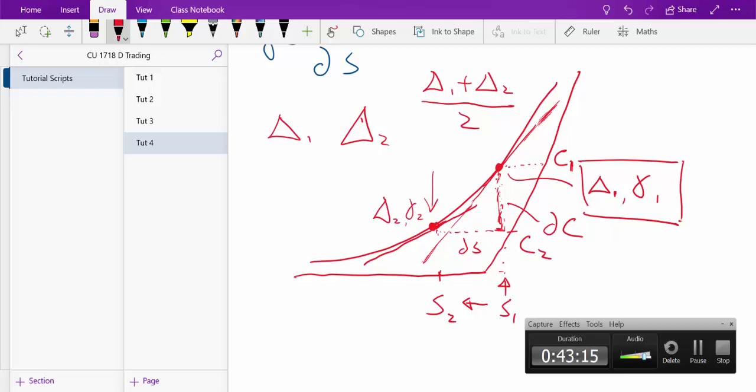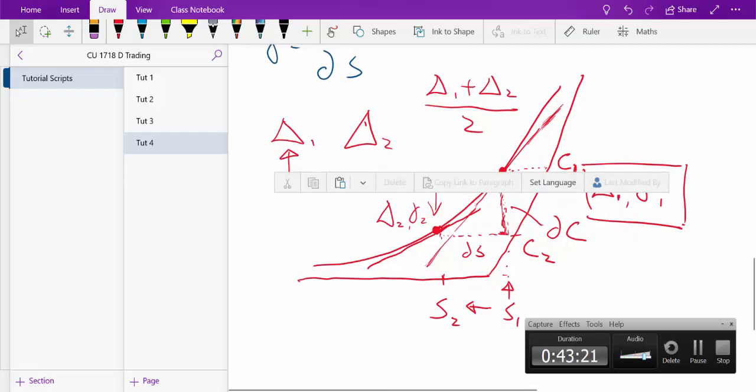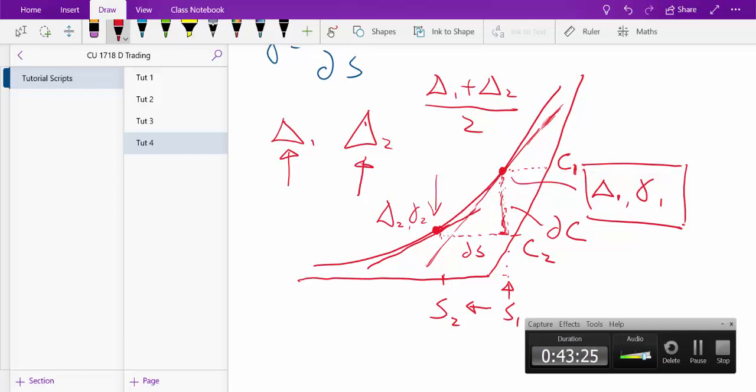Now, maybe you're asking, okay, well, Sam, I know what this is, but I don't know what this one is. Well, you kind of do, because you know what that is. You know what gamma is, and gamma will tell you how delta 1 will change when the price is changing. That's what gamma is about. Yeah, you understand that, right? So that's what gamma is.